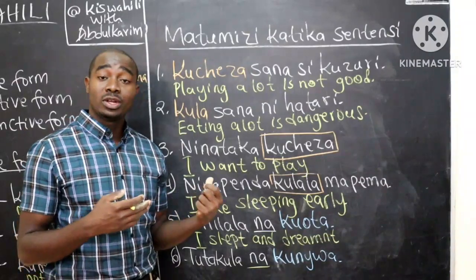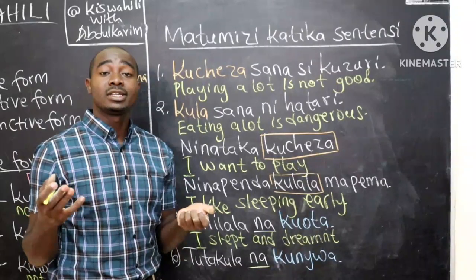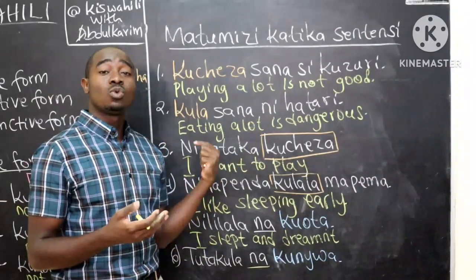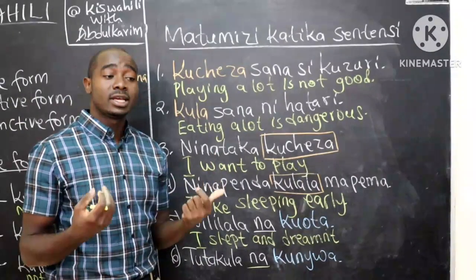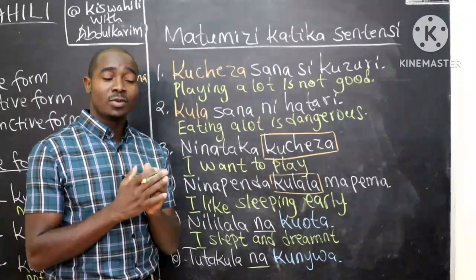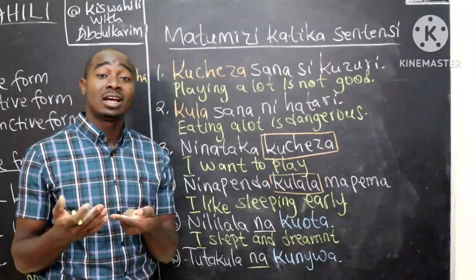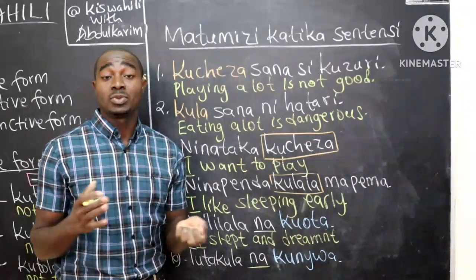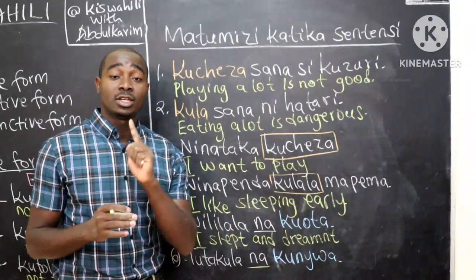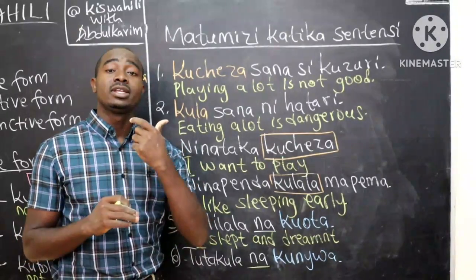Normally when you're conjugating Swahili verbs, we remove the ku. We don't add the ku here. Let's say the verb is kulala. You want to say I'm sleeping, you'll say ninalala. But most students who are learning Swahili say ninakulala, which is a mistake. Ninalala. Ensure you remove the ku when you're conjugating verbs with the tenses.